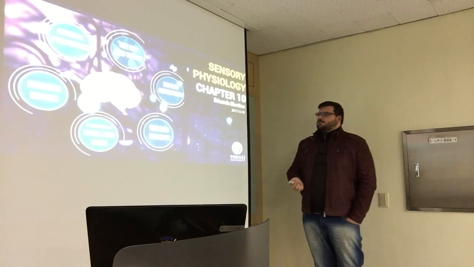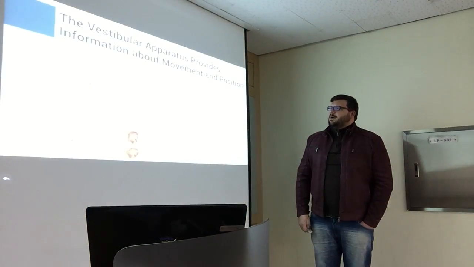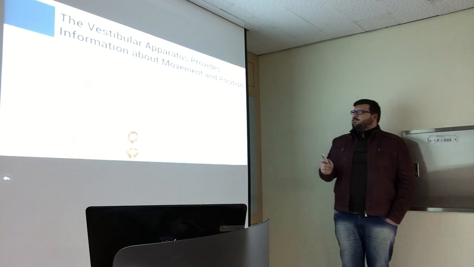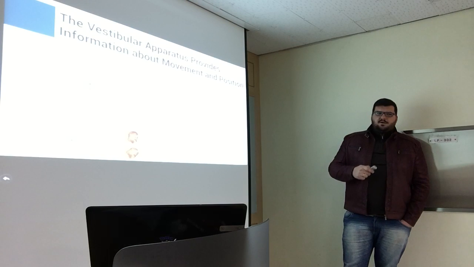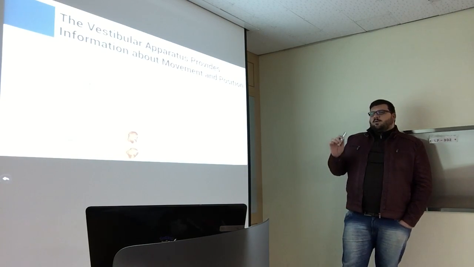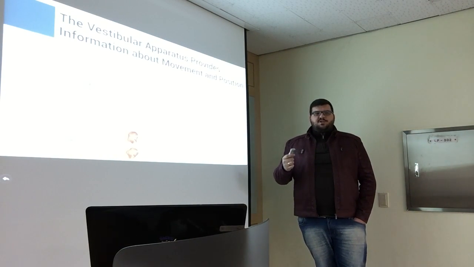Okay, so let's go to equilibrium. The vestibular apparatus provides information about movement and position. As I say, all these parts of your ear are called the labyrinth. They will recognize your position.